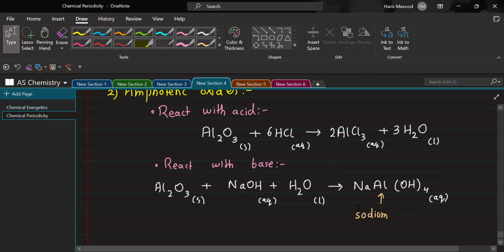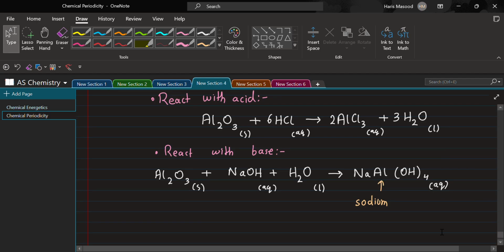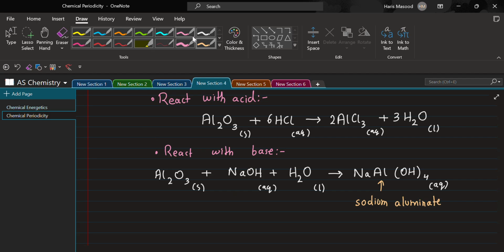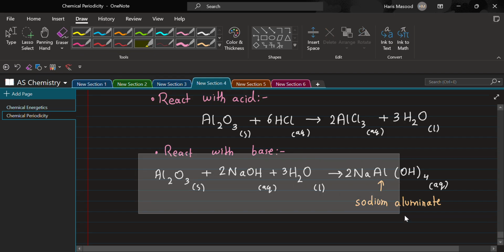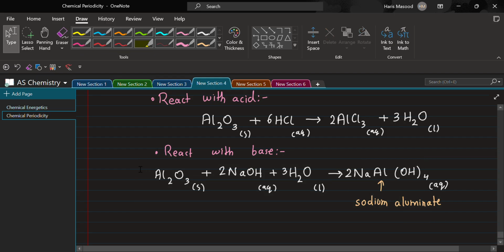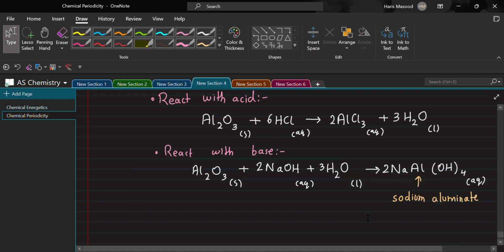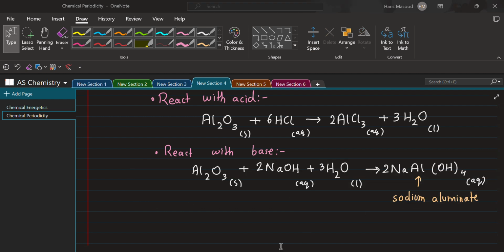So we need more hydroxide ions. Two, then three, then two. Clear? So these two equations are important for aluminium oxide.